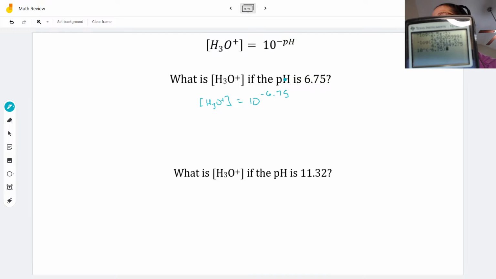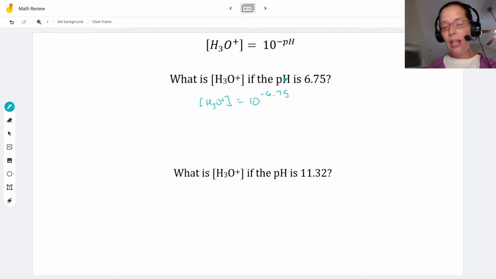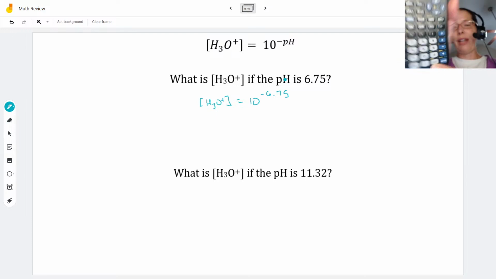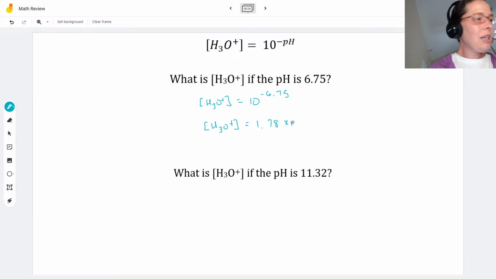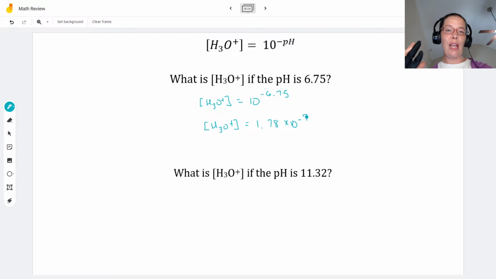You can see I just used the up caret, but make sure you get that negative in there. And if you're not sure where the negative is, it's right down there. And so when I hit equals, I get a concentration of 1.78 times 10 to the negative 7th. Again, I should see a correlation between my pH and my exponent. They should be close-ish. And you can see I've got a negative 7 here, and my pH was 6.75. So again, close-ish. They're not going to be exact, but they should be in the same ballpark.